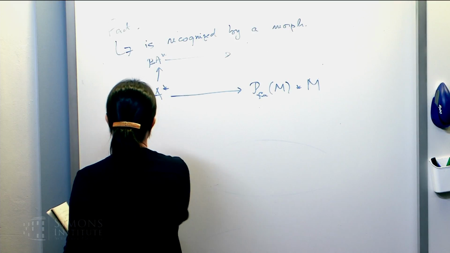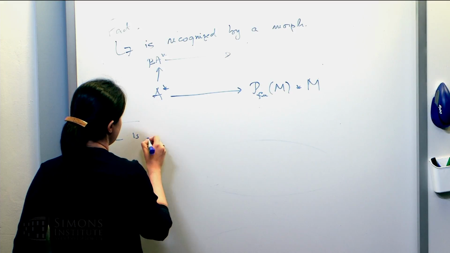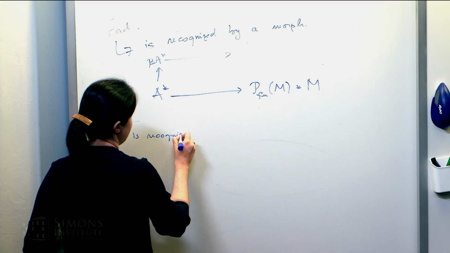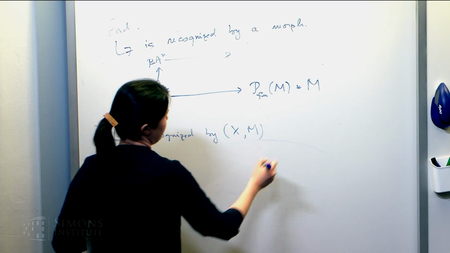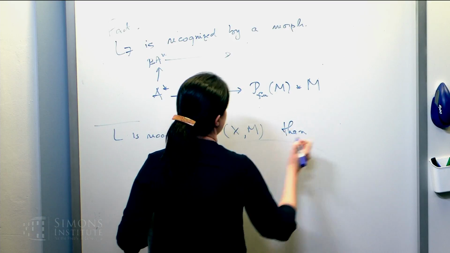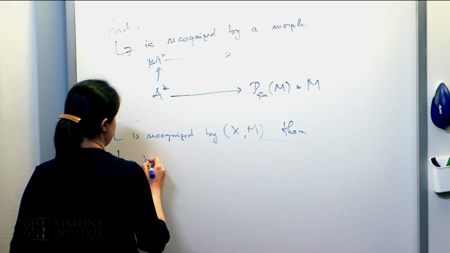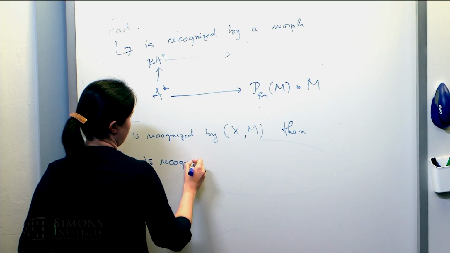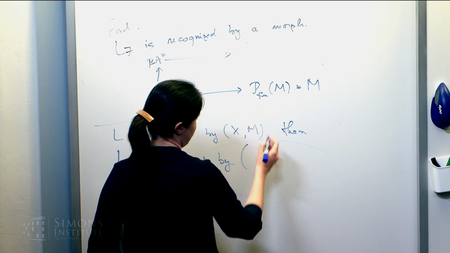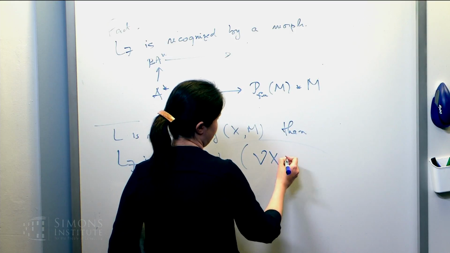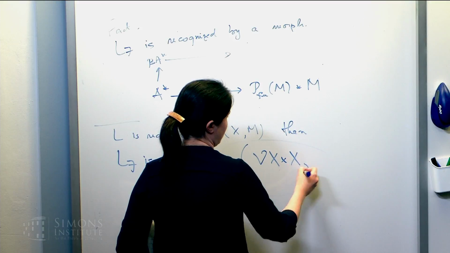If my original language L is recognized by a pair X, M, then L exists will be recognized by a space with an internal monoid that is carried by the following topological space.